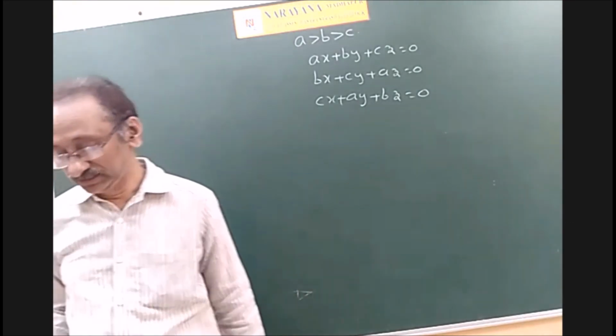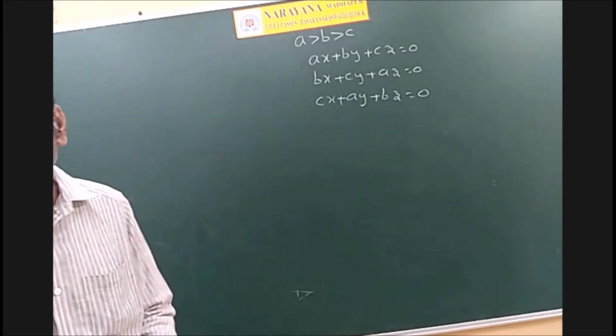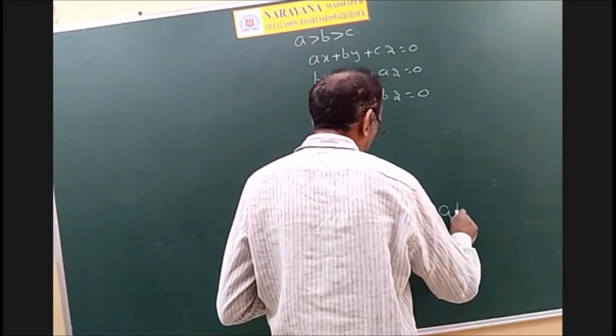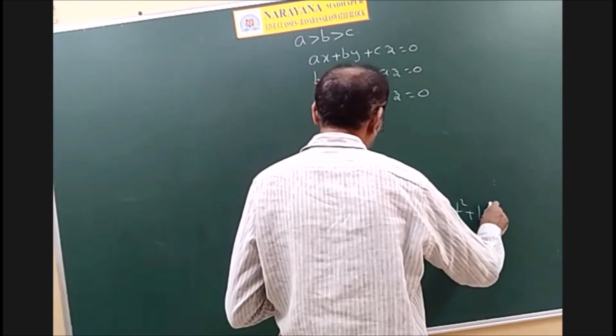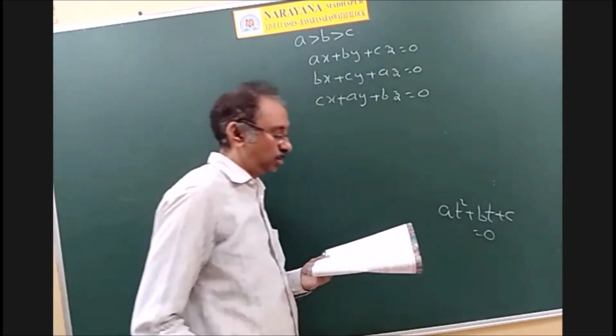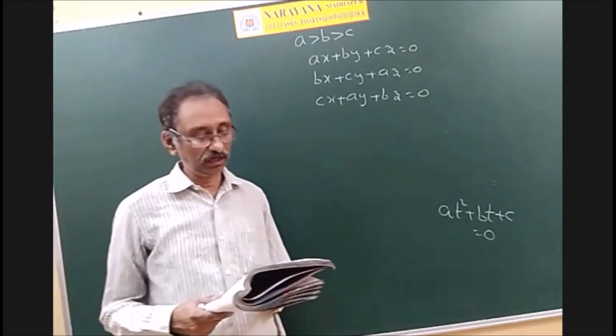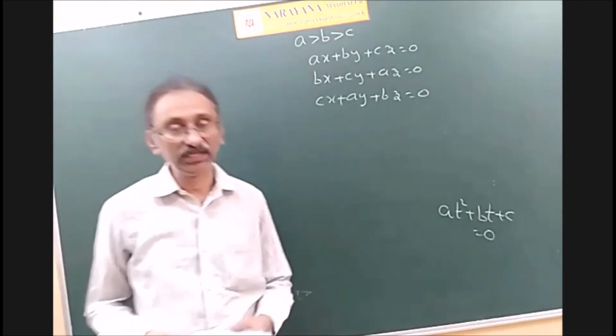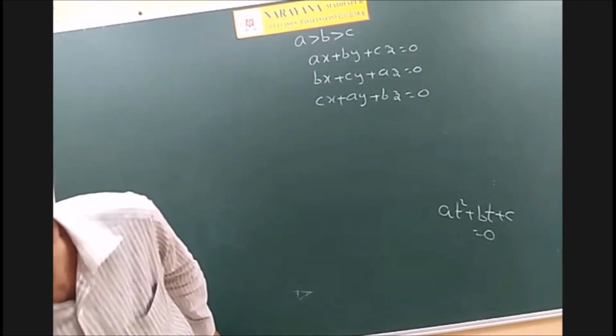So that means it contains infinitely many solutions. Then the roots of at square plus bt plus c is equal to 0 are whether they are real roots, positive roots, opposite sign, imaginary. So that is the question.